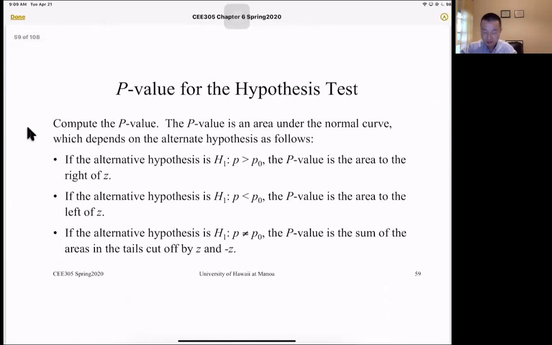And then we calculate the p-value, but that depends on how H1 is set up.